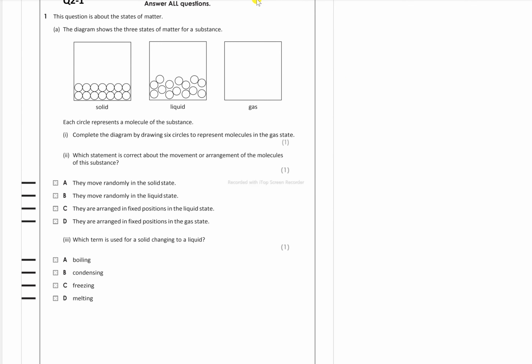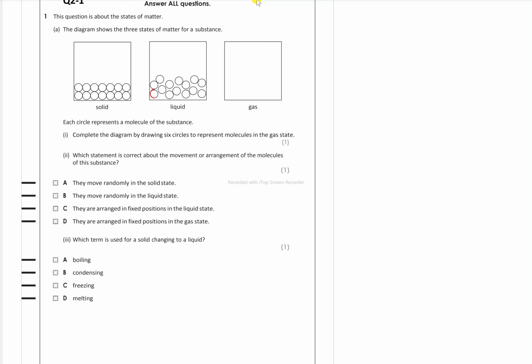Right, you got solid, liquid, gas. Now if you noticed here, have you noticed this sort of displayed in nice rows, there's no gaps? That's a solid. So if they ask you to draw that, you have to draw it like this. This is a bit poor, because look, it should be touching that.